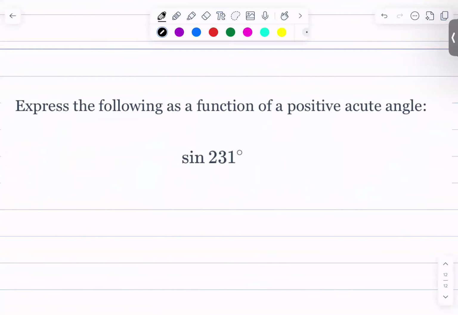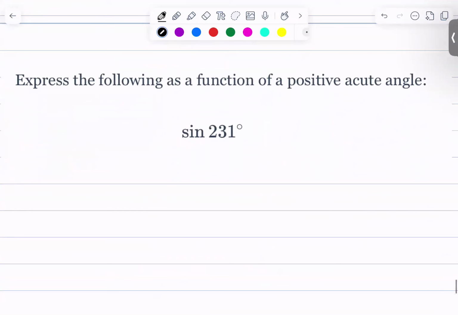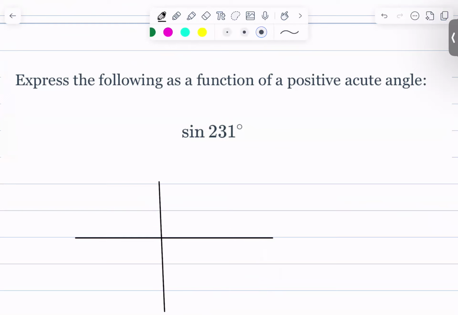Last one. Express the following as a function of a positive acute angle. They are just asking us to figure out the reference angle. Okay? So if I draw it out, 231 in standard position would be here. 231, that's past 180.